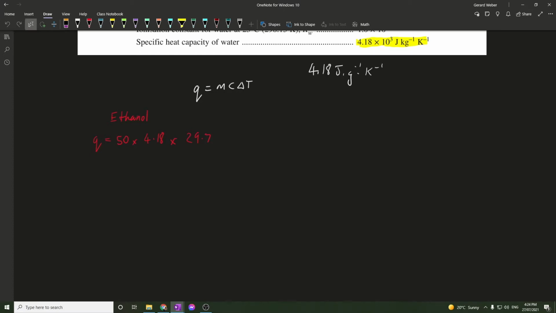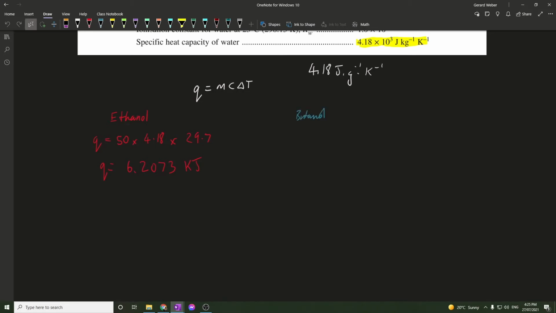We can calculate that, and what we end up with is 6,207.3 joules, but we actually want our final answer in kilojoules. So I'm going to convert that now. We just divide by 1,000, and we end up with our Q as 6.2073 kilojoules.